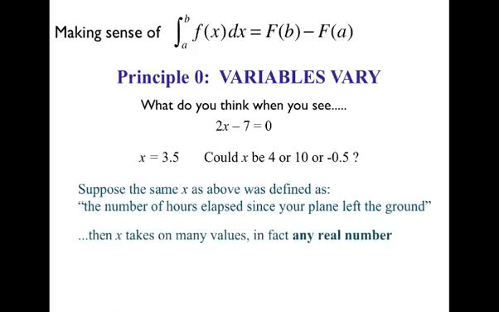Could it take on negative 0.5 hours? He says no. She says yes. Why yes? Because that just means the time before your plane took off. Yeah, that'd be like 30 minutes before your plane took off, right? If x is negative 0.5, you could just think of that as some amount of time before you took off.